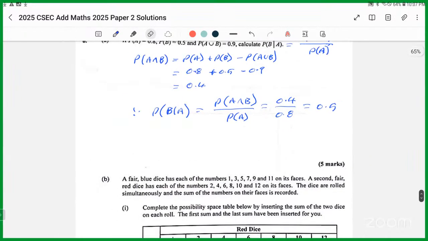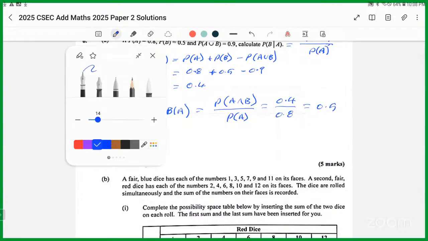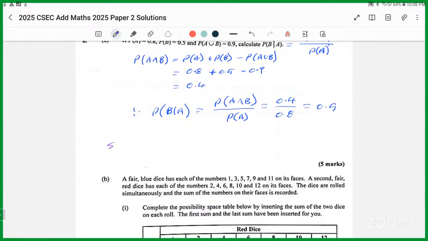Right, so I'm going to note right here: since the probability of B given that A has occurred is equal to the probability of B, A and B are independent events.